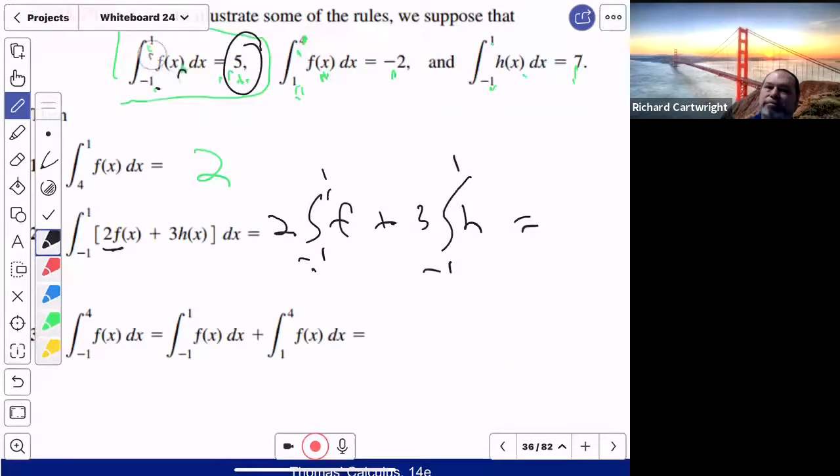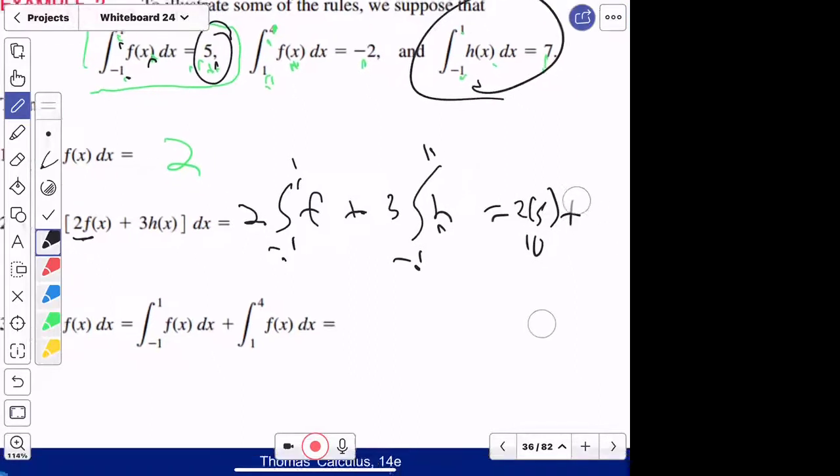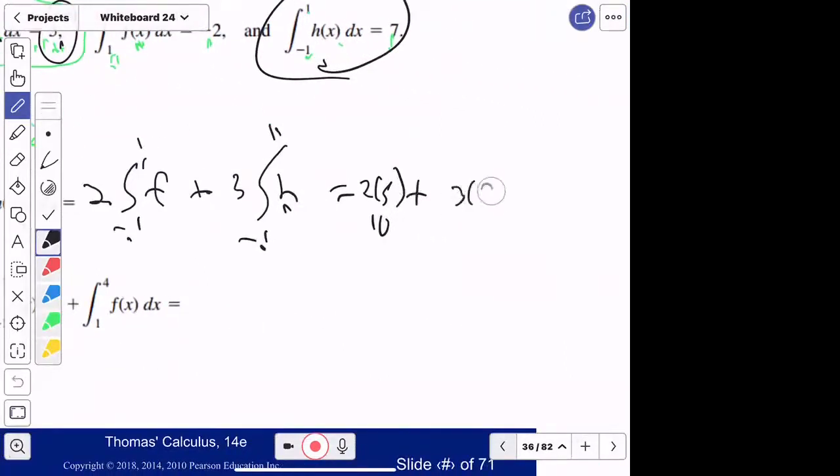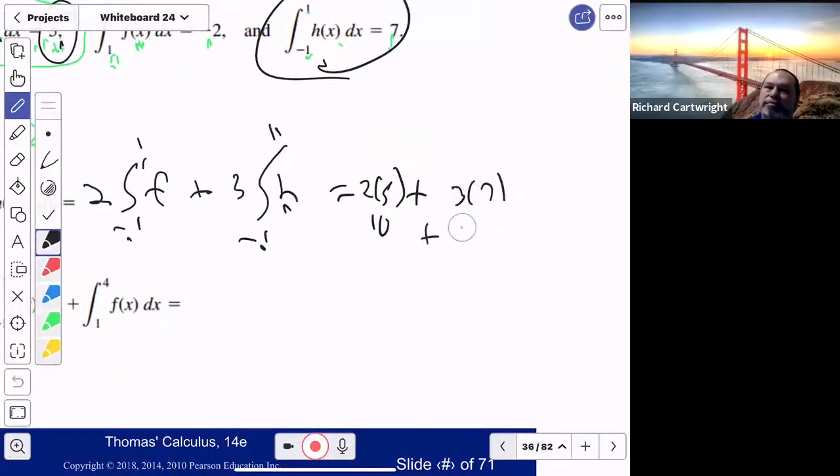It's 5. So that's 2 times 5, 10. Plus the integral from -1 to 1 of h is 7. So that would be 3 times 7, or 21. Altogether, 31.